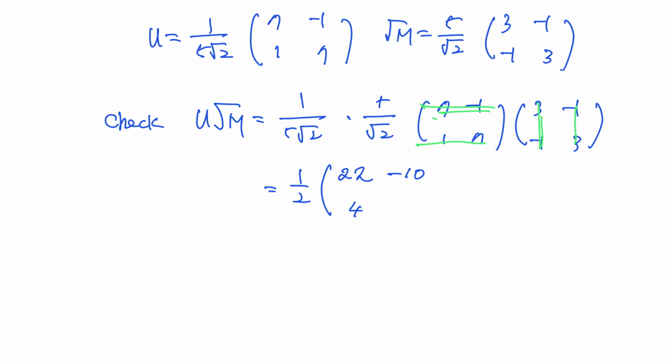Minus 1 plus 21 is 20. 11 minus 5, 2, 10. It's the same as A, right? A was given by 11 minus 5, 2 minus 2, 10. Oh, this is minus. This is minus.